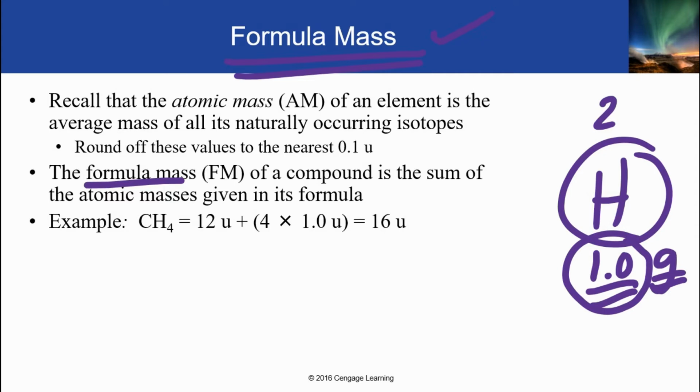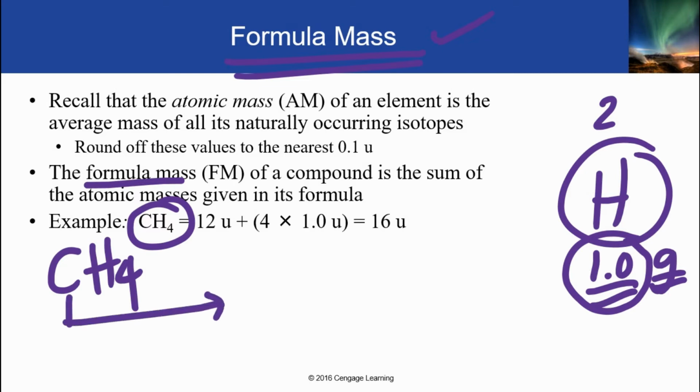Sabi natin dito, we're talking about molecules and compounds already. So, may example tayo dito, ay CH4. Okay, this one. So, CH4, pag nakita natin, ilan yung carbon niya? Isa. So, we have 1 carbon. So, yung carbon, ang kanyang atomic mass ay 12.